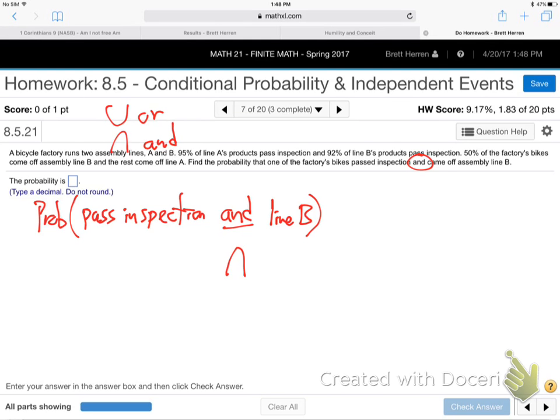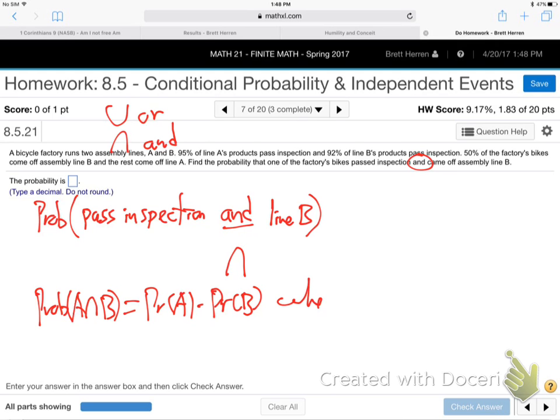So they're really saying the probability of this and that. What did we learn just in the last section? We learned that when you have A and B, it's just A times B when A and B are independent.